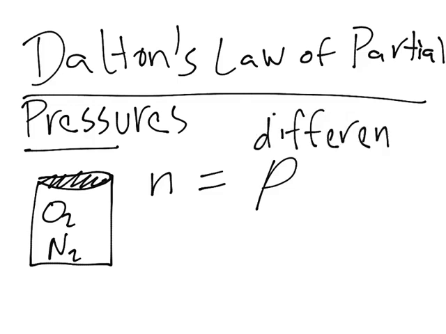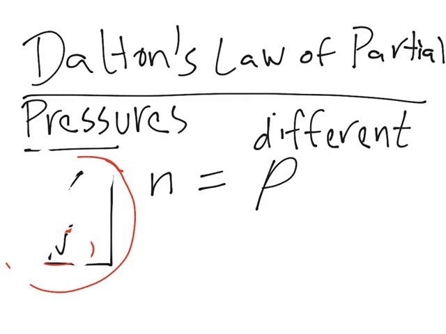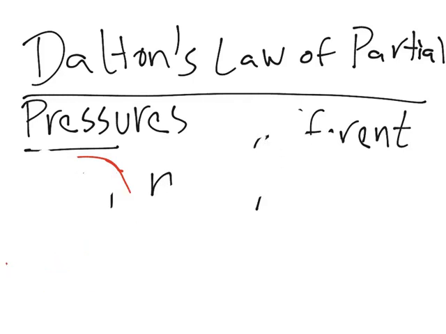And what he wanted to determine was the total pressure of the whole container using the partial pressure of each of the gases, so the oxygen and the nitrogen. That's why it's called Dalton's law of partial pressures. And it works like this. This is a formula.